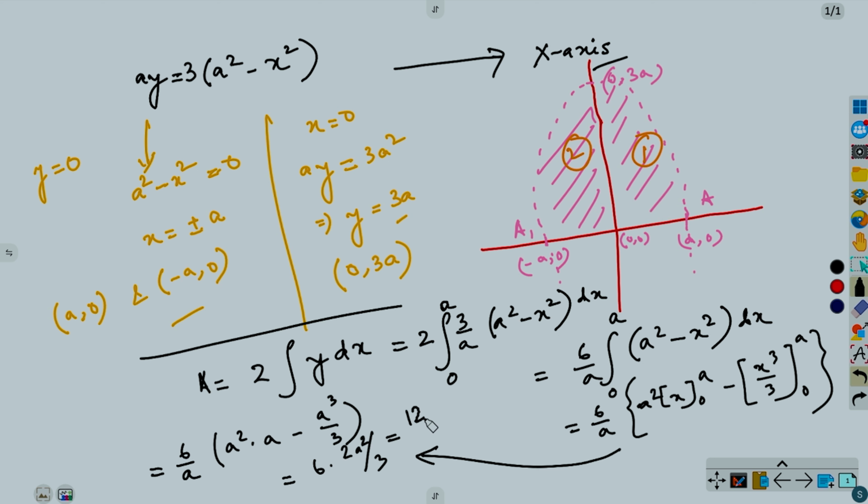Then 6 times 2a square by 3 equals 12a square by 3. So the area of this parabola and the x-axis is 12a square by 3 square unit. You can write this as square unit.